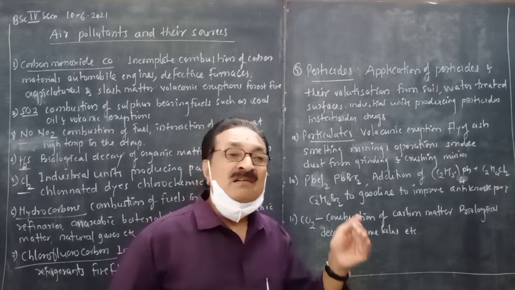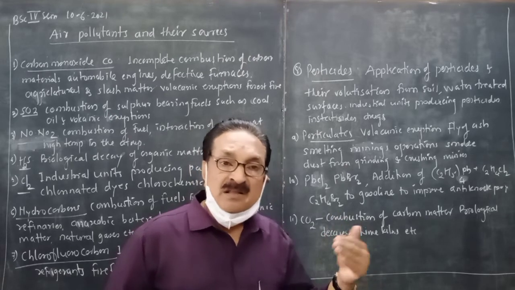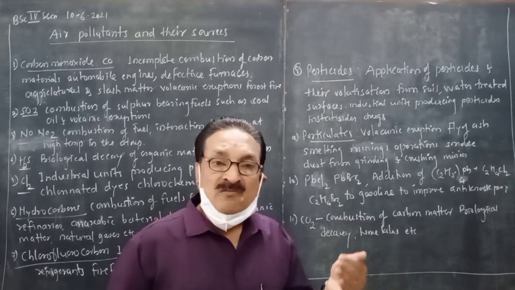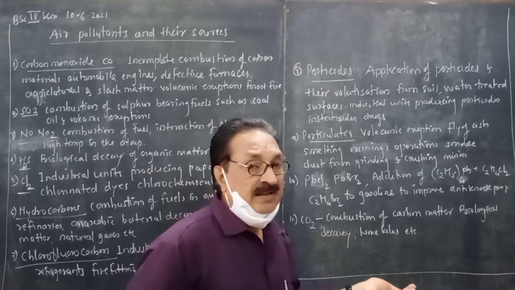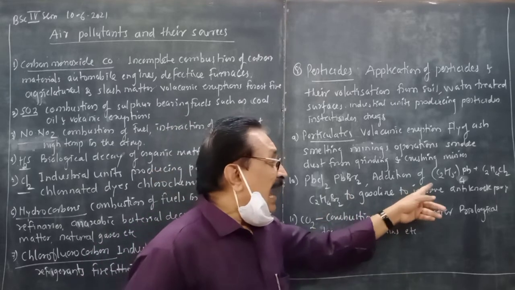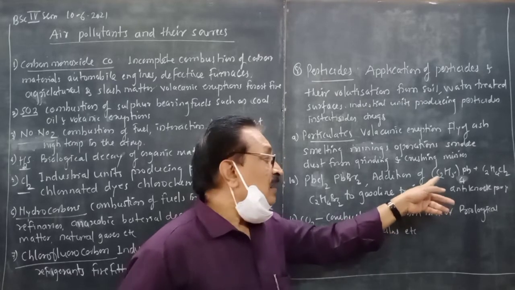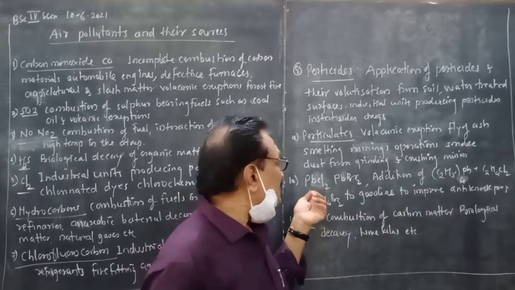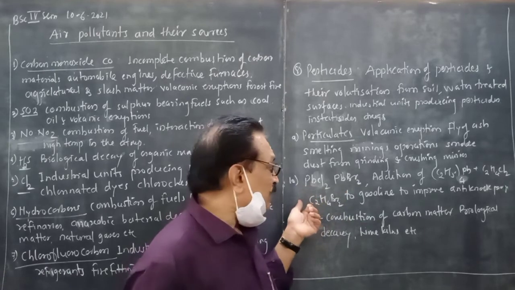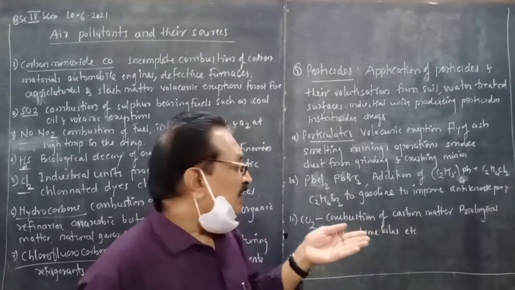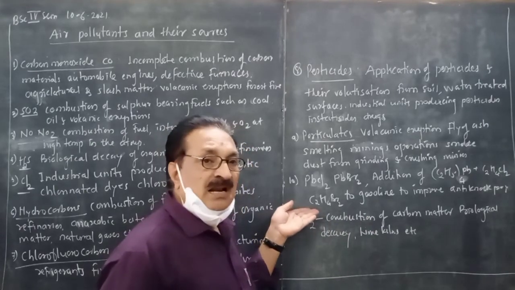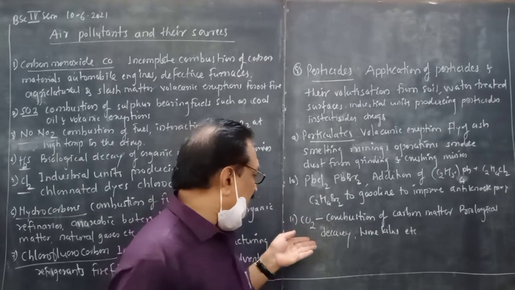If TEL is not added to the petrol, when the vehicle starts to move it produces more sound, that is knocking. It acts as an anti-knock for petrol, and during that period these compounds are released into the atmosphere. Lead chloride and lead bromide are also unwanted ones. They enter the atmosphere.